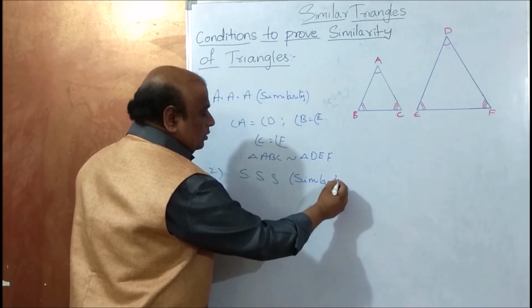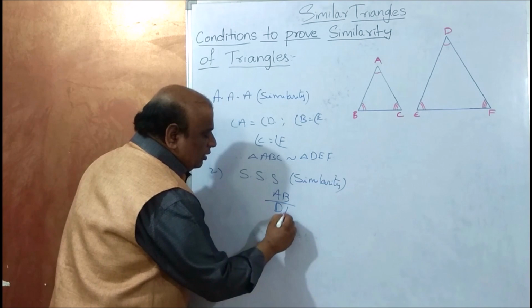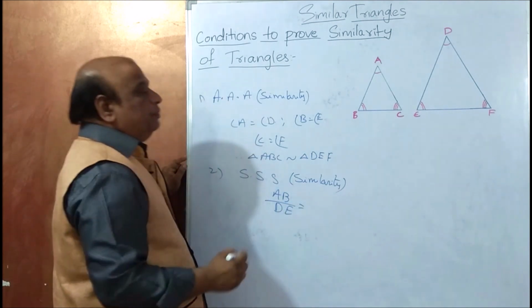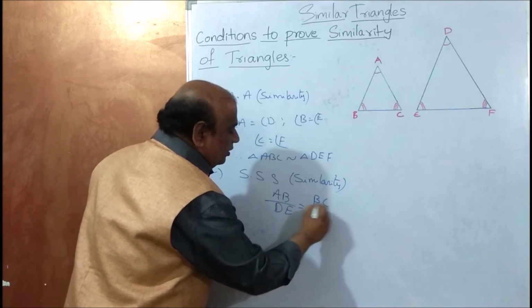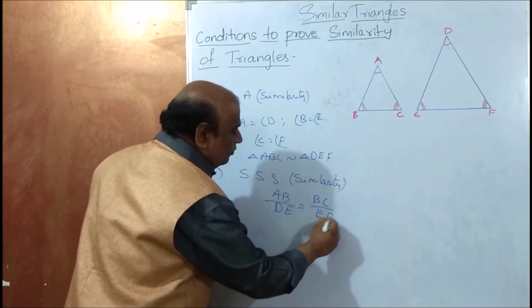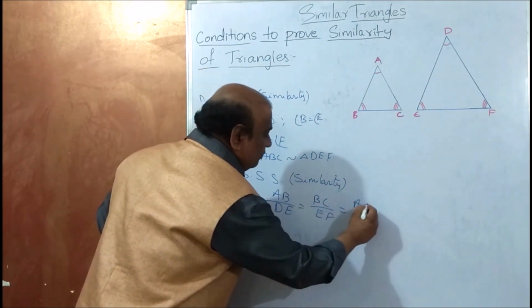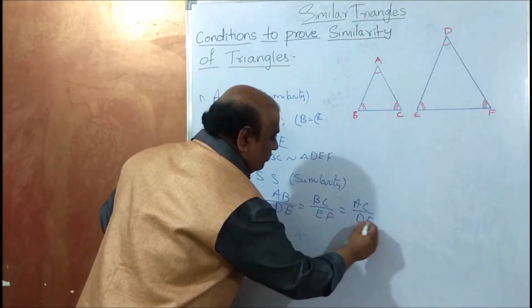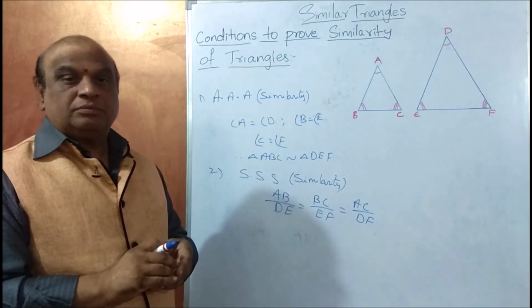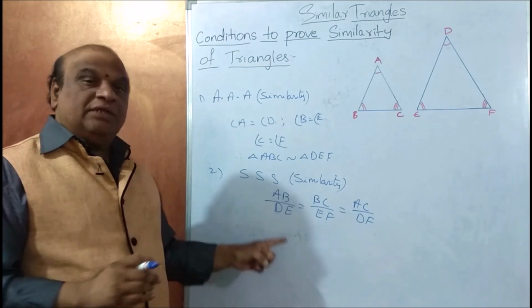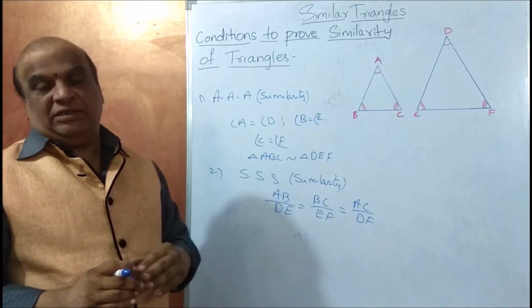AB by DE is equal to BC by EF is equal to AC by DF. Observe it carefully. We have to check the ratio of corresponding sides.